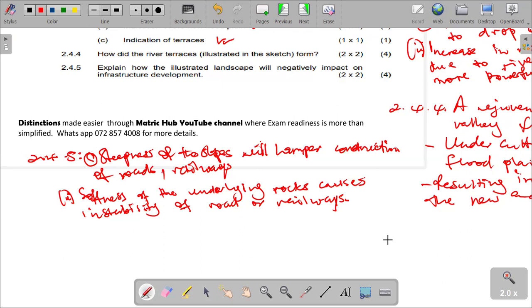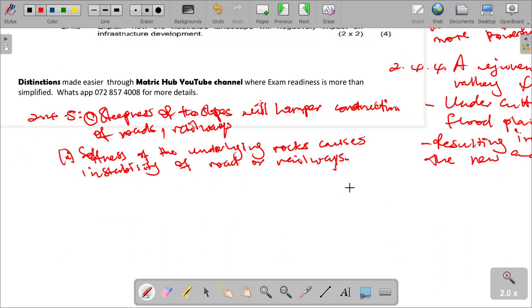And then the terraces that we have given there also make it difficult to build bridges.